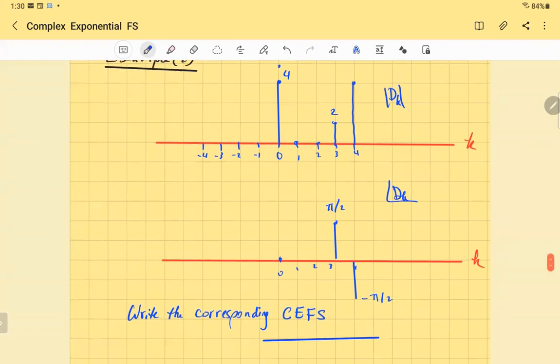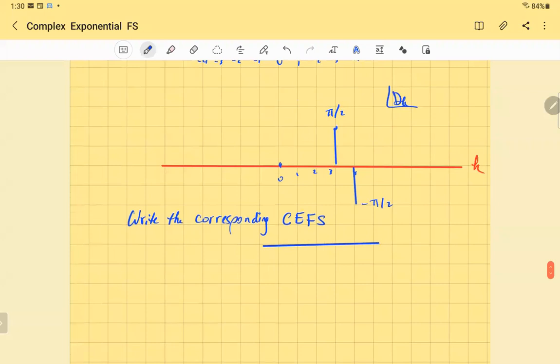Okay, now, to do that, first, what does it mean to write the complex exponential Fourier series? Well, we know that x of t in general is equal to d naught plus the summation, k from minus infinity to infinity except 0, of d k e power j k omega naught t.